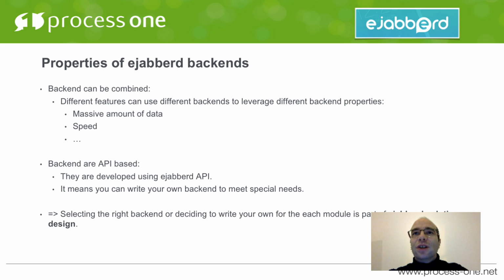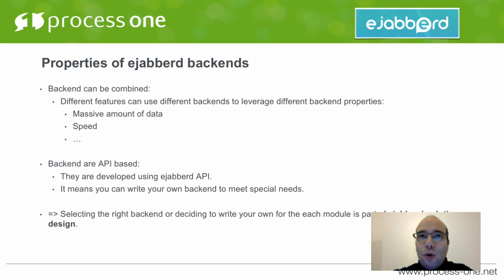If you want to target a backend for speed, you may want to use a very tuned and very well configured MySQL, for example. So you really have to design your system around the property of each backend, and then you can build something which is very efficient.